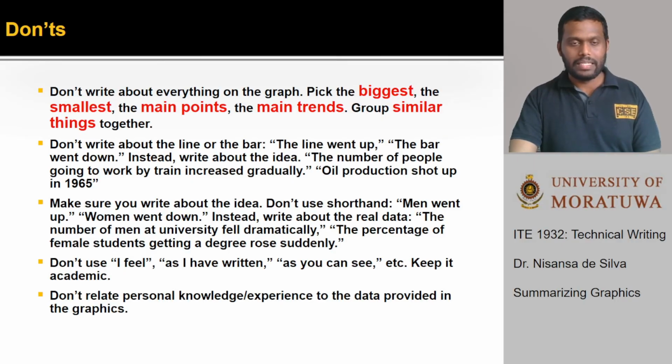Only explain things in the graph, even if the subject that is being discussed is relevant to you. If it is something about, let's say, the COVID numbers in Sri Lanka, you cannot say, I also saw in a different newspaper article that I read, so and so happened. Never do that. Only describe the things that are in the graph.